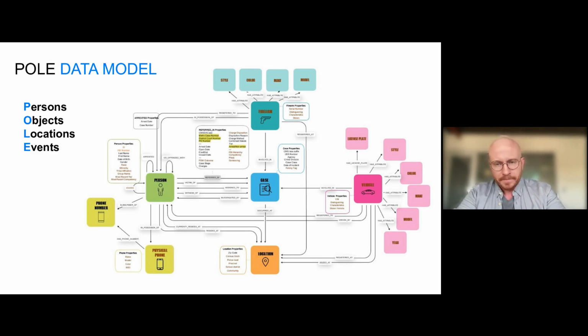model being used. And what the POLE model does is it essentially takes nouns and puts them as nodes inside of a graph, and then allows you to have the relationship edges between these nouns. And the nouns that you are able to abstract in this scenario, in this POLE model, is we have people.